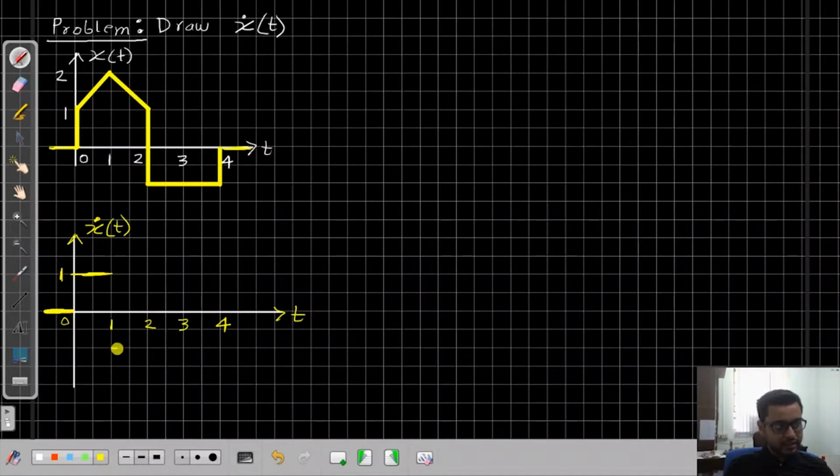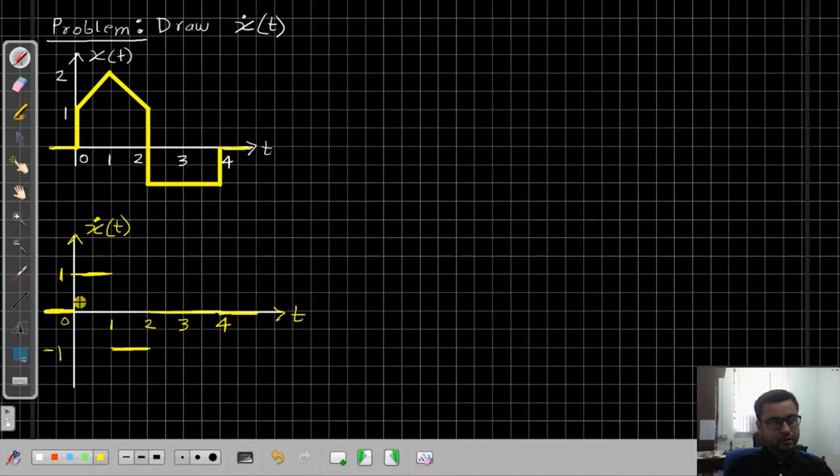So in this region the derivative will be -1. Then after that, from 2 to 4, the signal is constant, so the derivative will be 0. After that again the signal is constant, so the derivative will be 0.